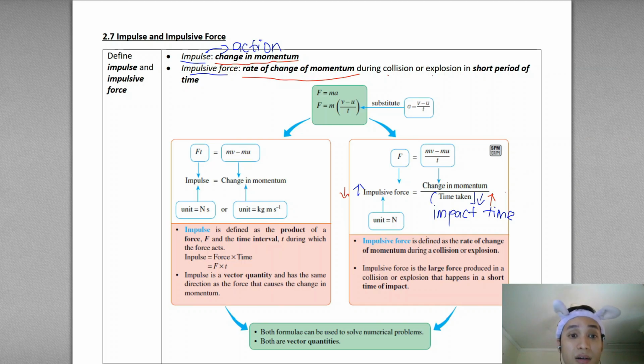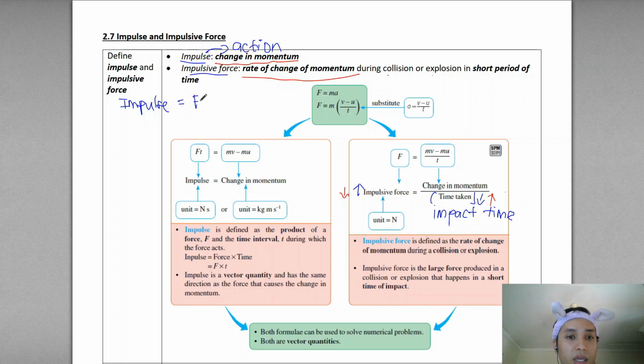So in your questions, they might ask you two different questions. One, they ask you to calculate impulse. Another one, they ask you to calculate impulsive force. Now, most of the time you will be calculating impulsive force, but just in case they ask you to calculate impulse, remember, the formula is Ft, or change in momentum. So technically impulse, two ways to calculate.